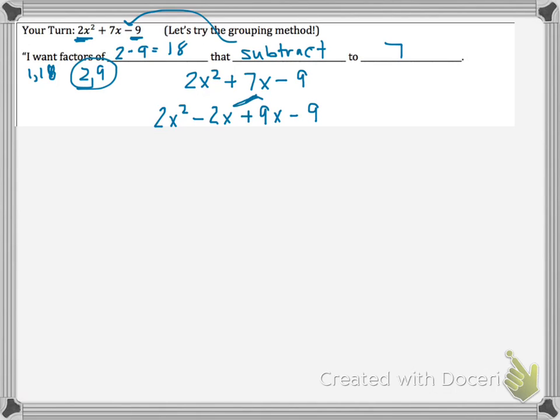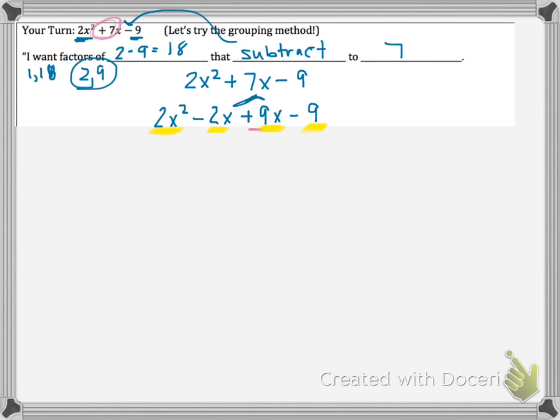Now I've made a couple decisions there I want to point out. I put the 2 first so it would match the 2 there, again looking for that common factor piece. 9 here to match with the 9 there, common factor piece. I also know that my middle term, I needed to end up with a positive 7, so I needed the higher factor to be that positive factor. So there's a lot of things we're thinking about at the same time here.